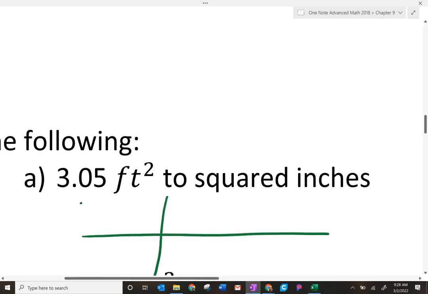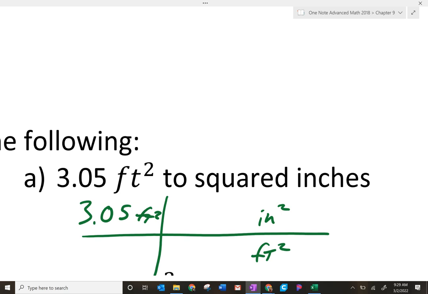So if I start off with 3.05 feet squared, the way I need to set it up, because I want to get to square inches, is to make sure the conversion I'm using has feet squared and inches squared, not just foot, not just inches.